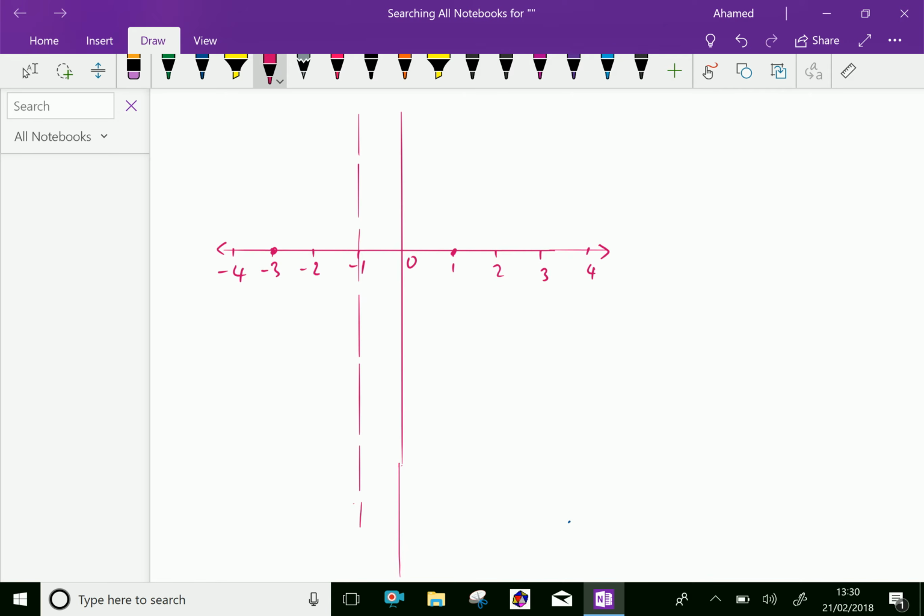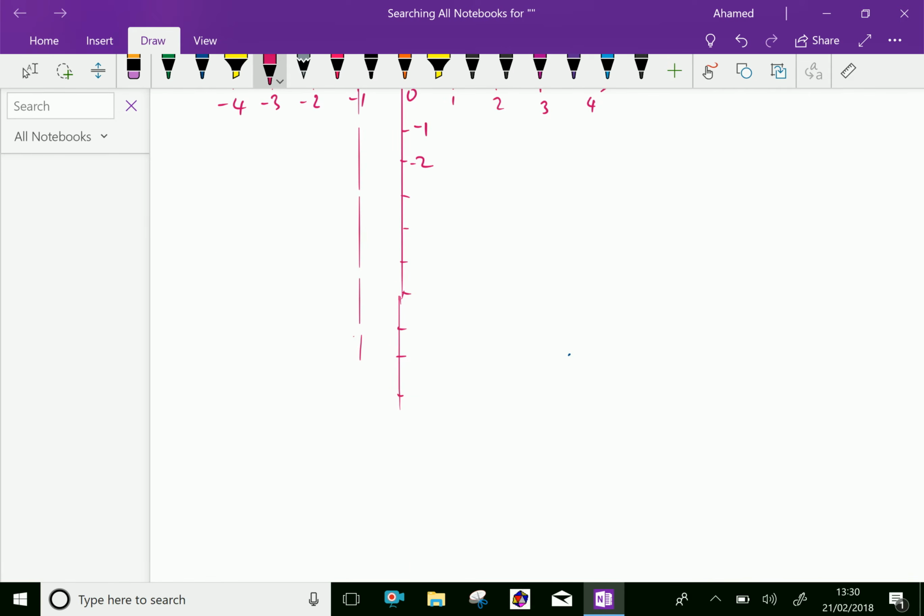Here write the numbers. This is minus 1, minus 2, minus 3, minus 4, minus 5, minus 6, minus 7, minus 8, minus 9. Here we have the y-intercept, minus 9.